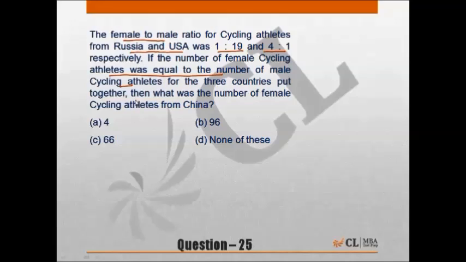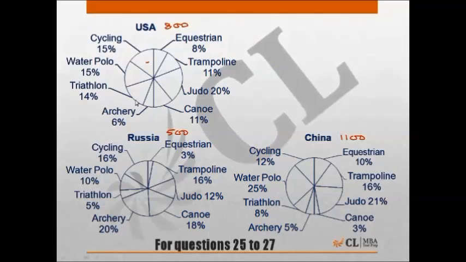Let's look at the data given to us. Russia, China and US: let us look at the total number of cycling athletes. USA is 15% of 800, which is 80 plus 40, 120. Russia cycling is 16% of 500, which is 80, and China cycling is 12% of 1100, which is 132.